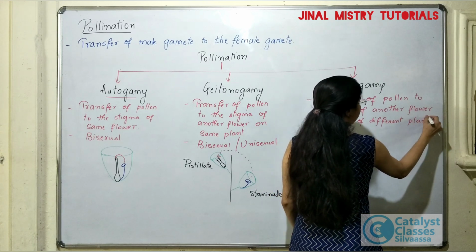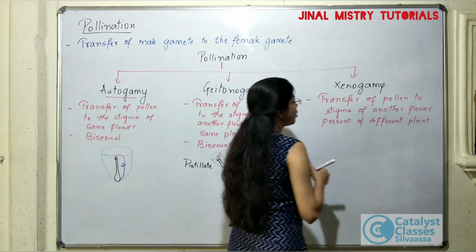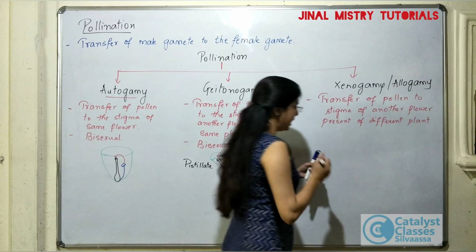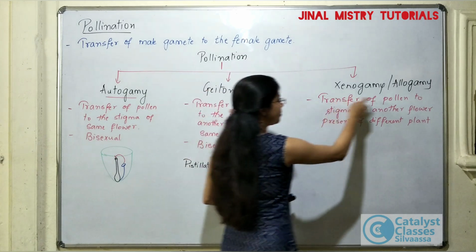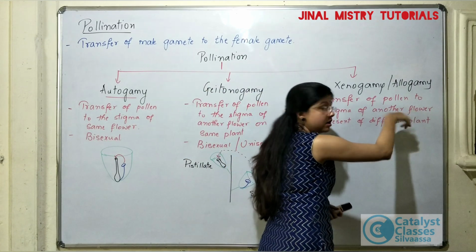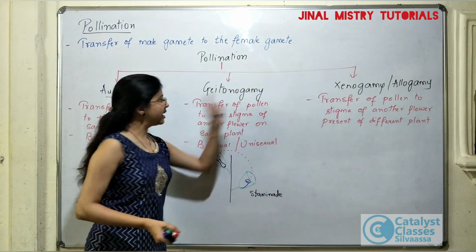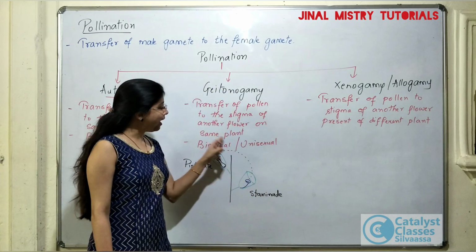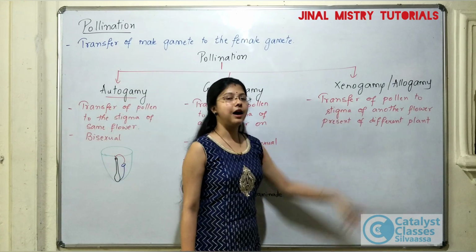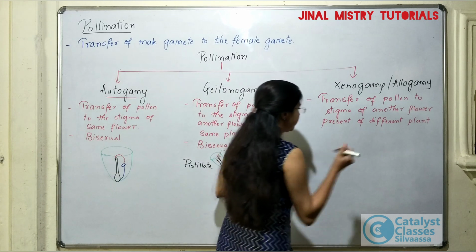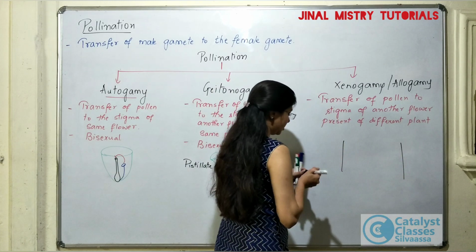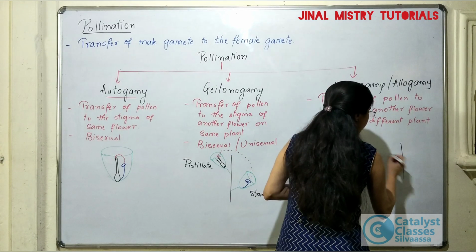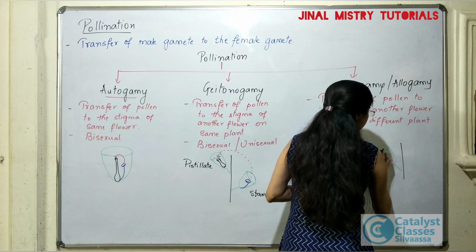This is called xenogamy, or it can also be called allogamy. So where lies the difference? Here the flower is different, and here also the flower is different. But here the plant is the same, whereas here the plant and flowers both are different. So there will be individual dioecious plants: a plant which will have the female flower and a plant which will have the male flower.